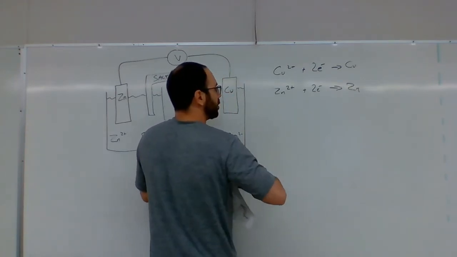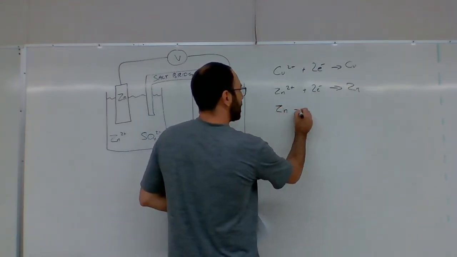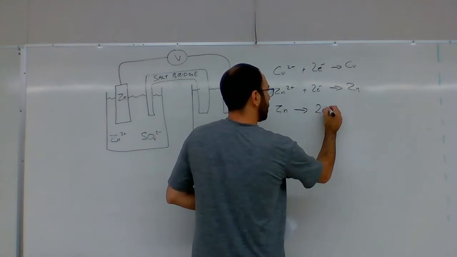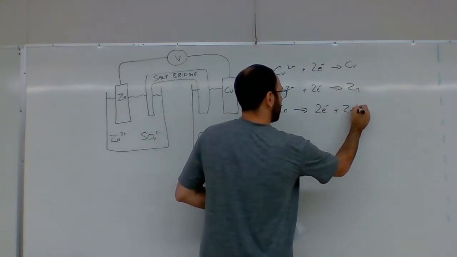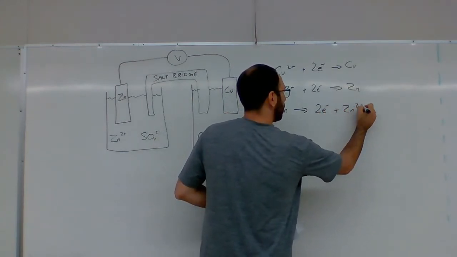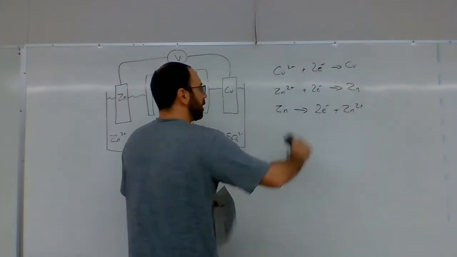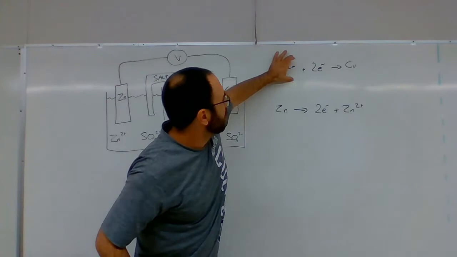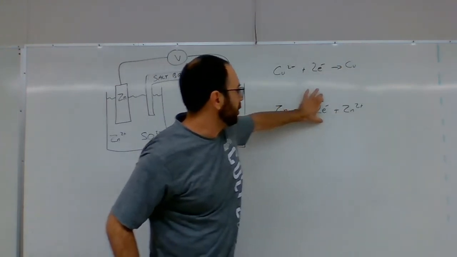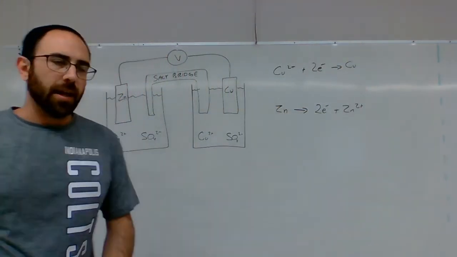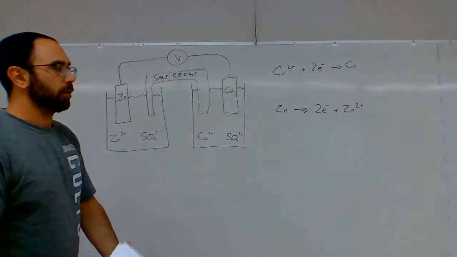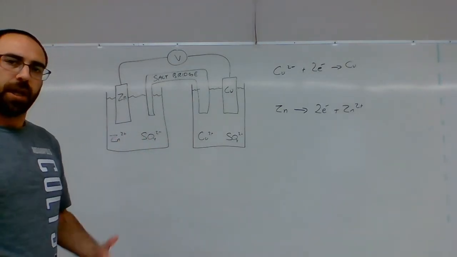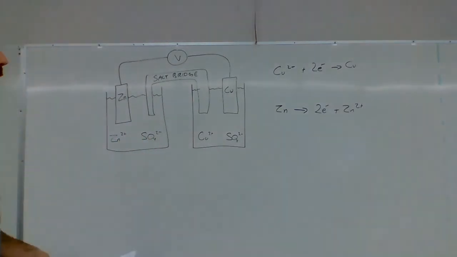Essentially, zinc is going to go to 2 electrons plus that zinc ion. Okay, so now we have a reduction reaction combined with an oxidation reaction, and that allows us to combine to form a spontaneous reaction, and that's what we need for this cell to happen.